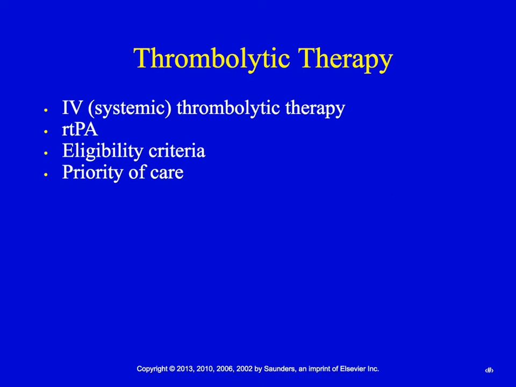There are contraindications, according to the American Stroke Association, that people may not meet criteria, and that is any kind of major surgery in the last couple of months, or any history of a head bleed. They would not give that to them.